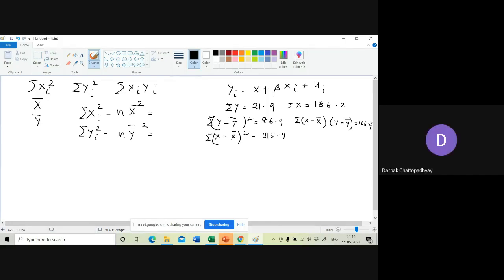Ma'am, what do we have to find? Could you repeat once? Number 1, estimate alpha and beta. Number 2, derive the variances of the estimators. Derive the variances and you can add covariance of the estimators. So you can do all these things. You have to put these things in the formula.